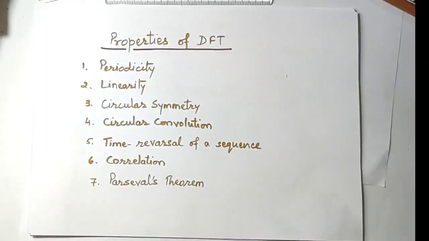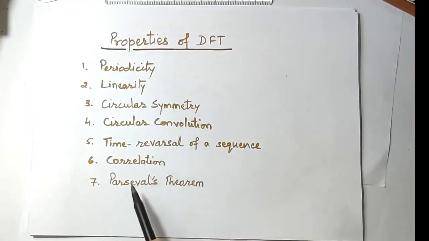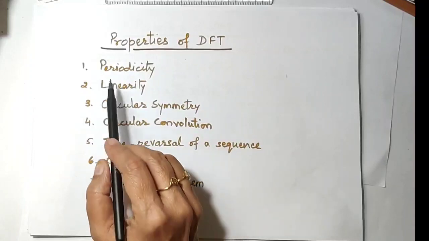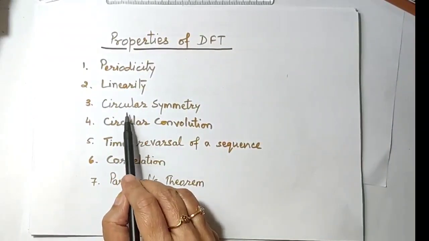Some more properties are included within circular symmetry, circular convolution and correlation, so we'll take them step by step when the topic comes. Today we are going to cover periodicity, linearity, circular symmetry, and circular convolution.